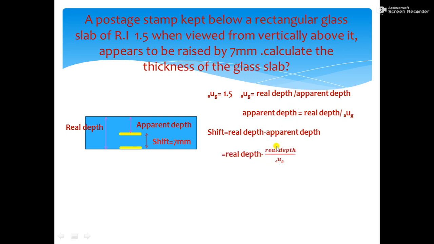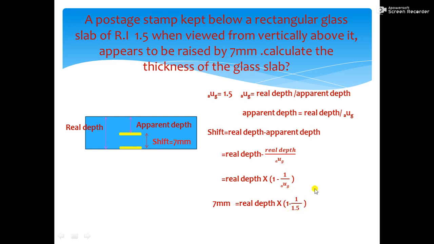Shift means real depth minus apparent depth. Then substitute the apparent depth equation here: real depth minus real depth divided by refractive index of glass with respect to air, and taking real depth outside, real depth into 1 minus 1 divided by refractive index of glass with respect to air. Here shift is given as 7 mm, and the refractive index is also given.